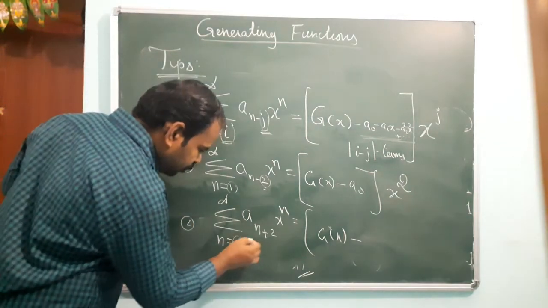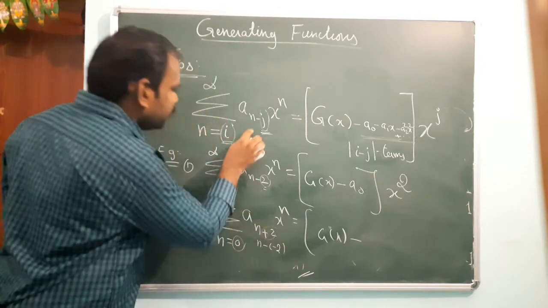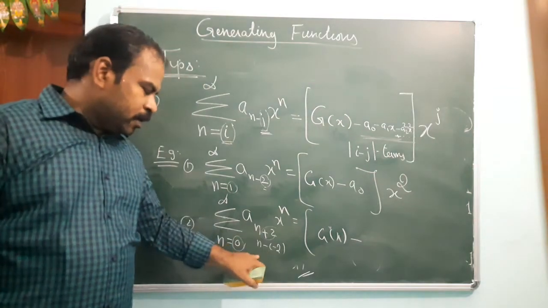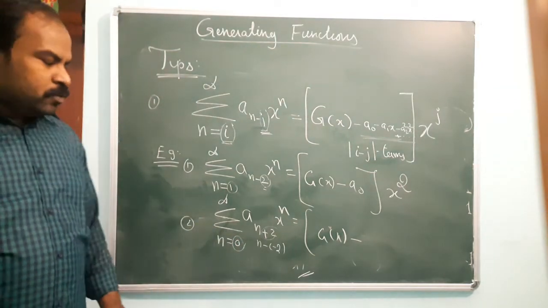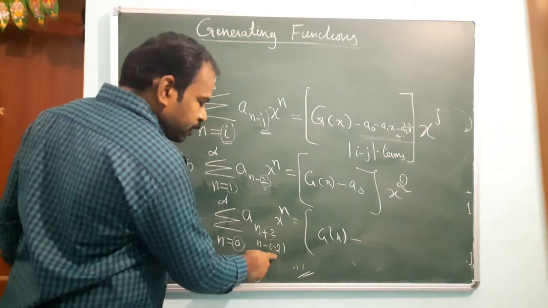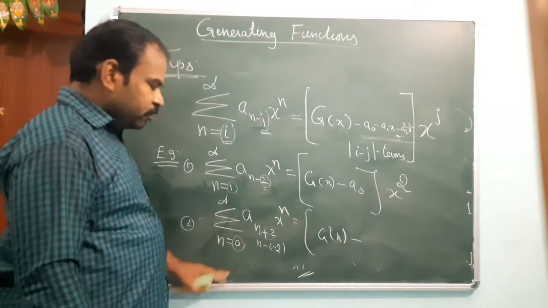Here 0, and here, because the general format is n minus j, we write n plus 2 as n minus of minus 2. So we subtract minus 2 minus 0, that is 2 terms. The difference between minus 2 and 0 is 2.